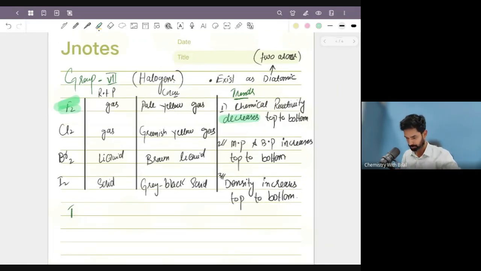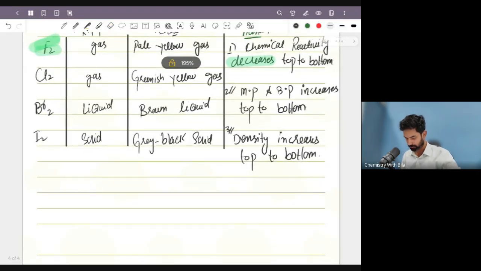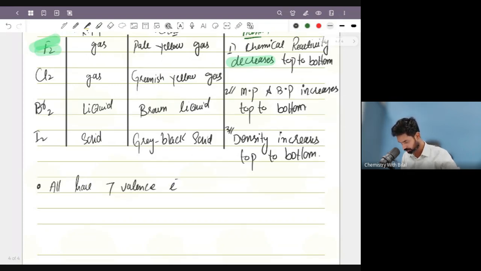Please check this important thing, everyone. So they all have 7 valence electrons. They all gain 1 electron and form ions with a -1 charge.